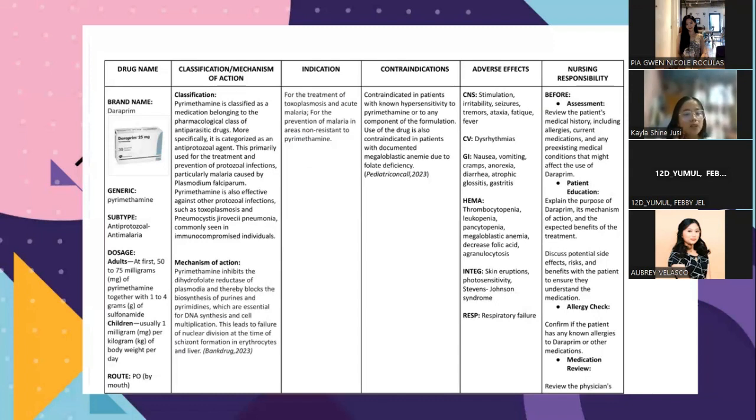So it is also contraindicated in patients with documented megaloblastic anemia caused by folate deficiency. Megaloblastic anemia is a type of anemia characterized by the production of abnormally large and immature red blood cells.